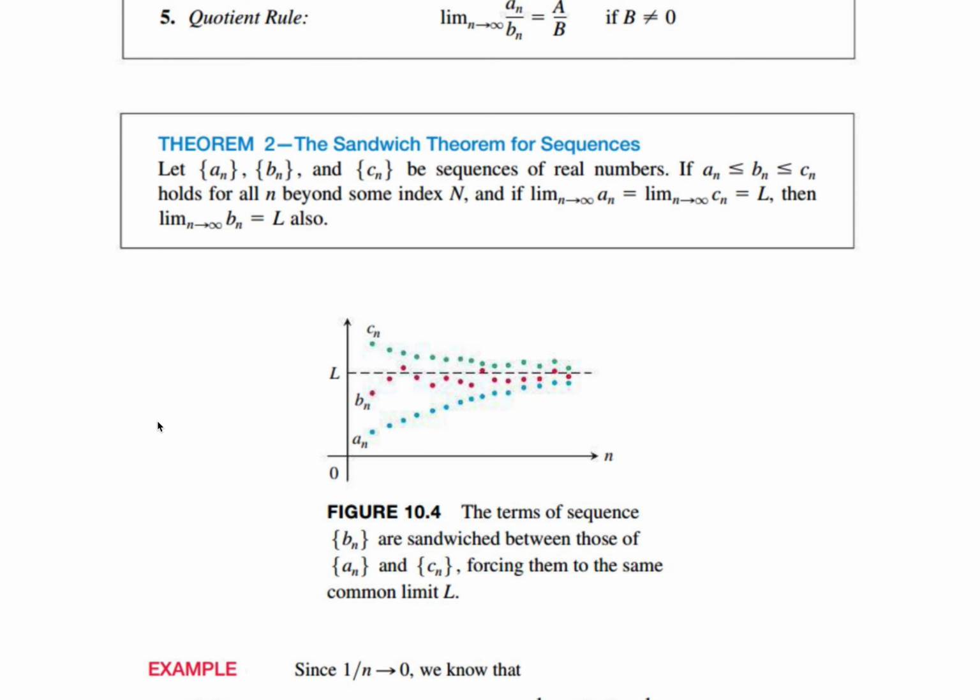If the sequences a sub n and c sub n both have a limit of L, b sub n will too. Okay, so you're sandwiching between two other sequences.